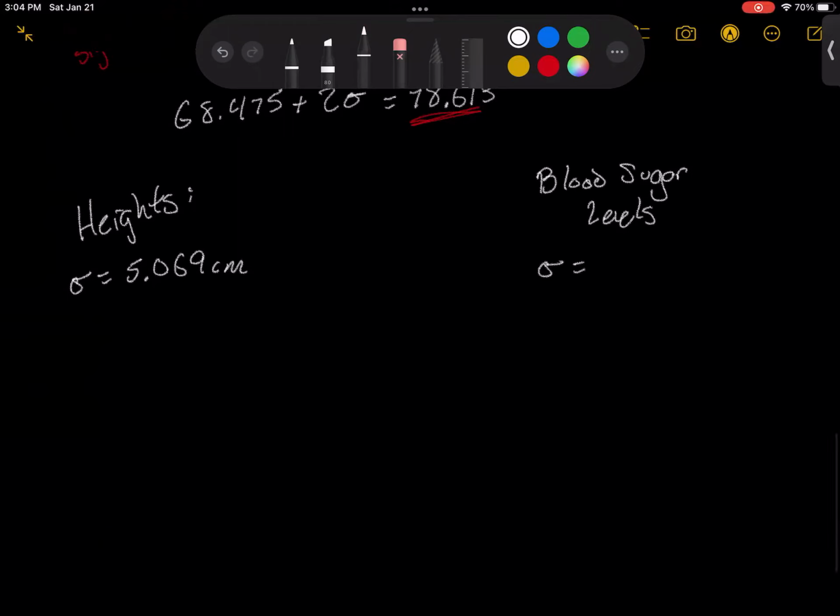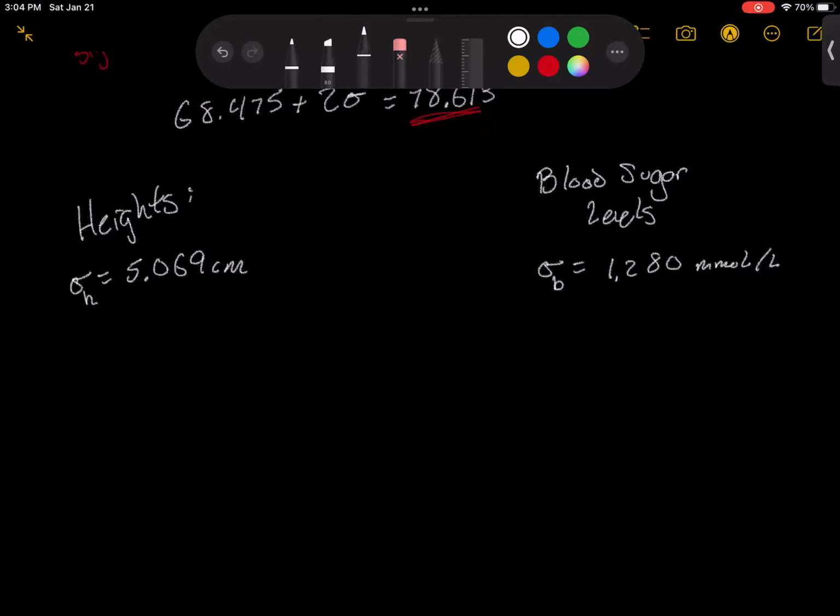For the blood sugar levels, I don't want to call them both sigma. Let's say sigma sub h for heights and sigma sub b for the blood sugar levels. The standard deviation of the blood sugar levels was 1.280 millimole per liter.